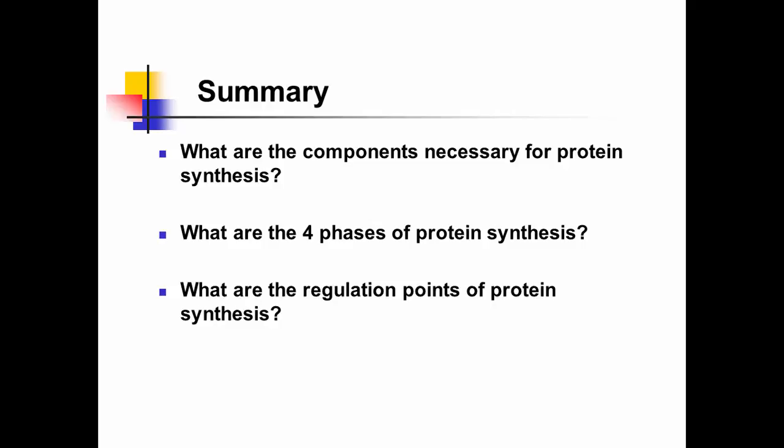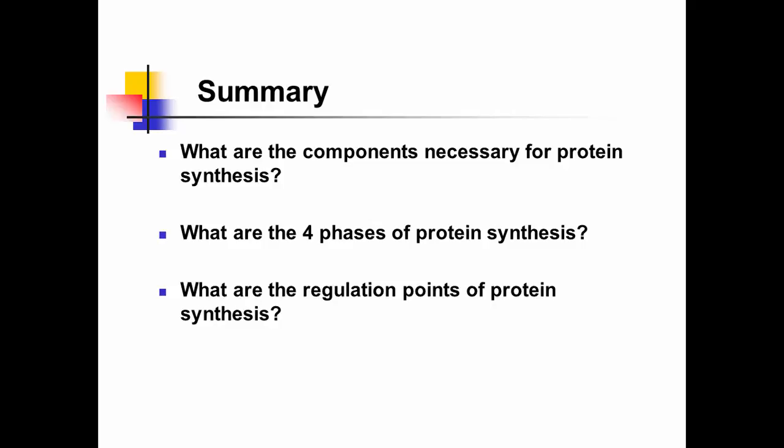All right. For that part, I just want to summarize. You probably want to know what components are necessary for protein synthesis: the three types of RNAs, amino acids, ATP, GTP, and some enzymes and factors. But I don't think I gave you the specific names of the enzymes, right?